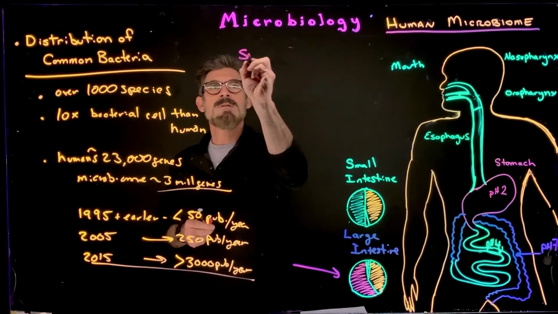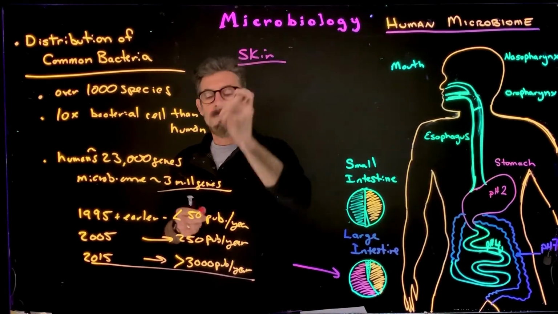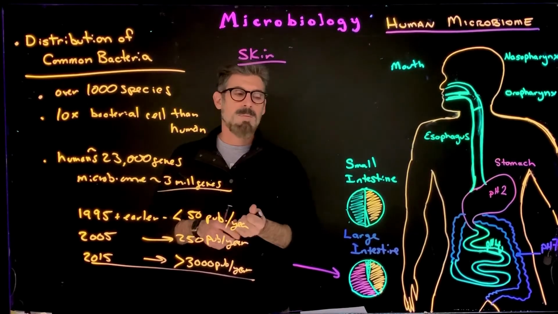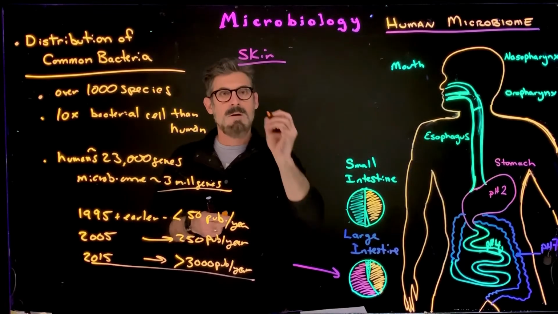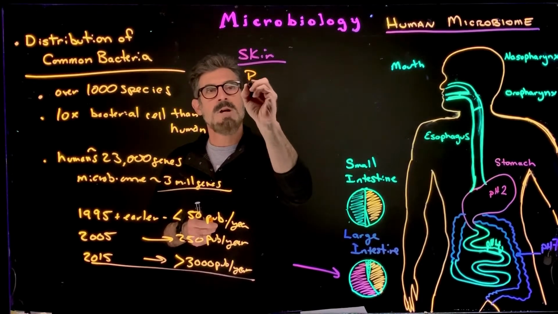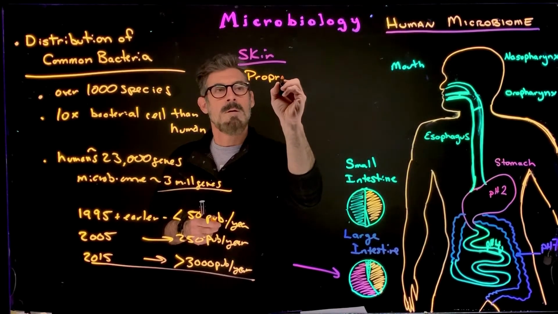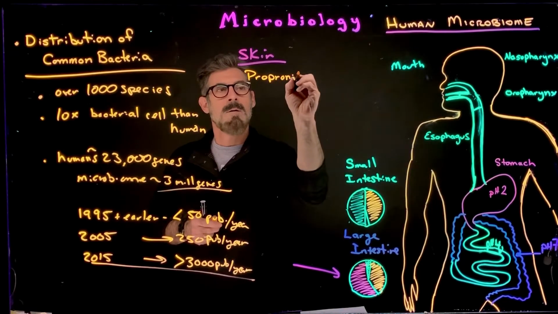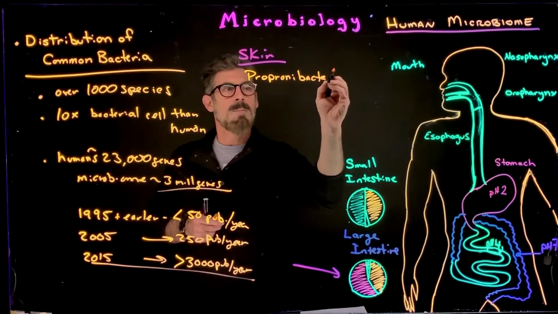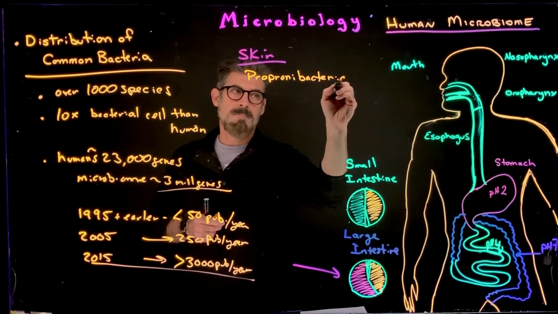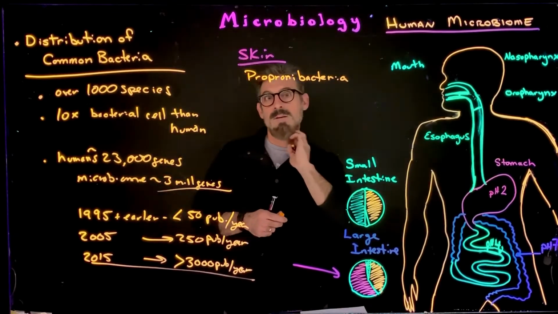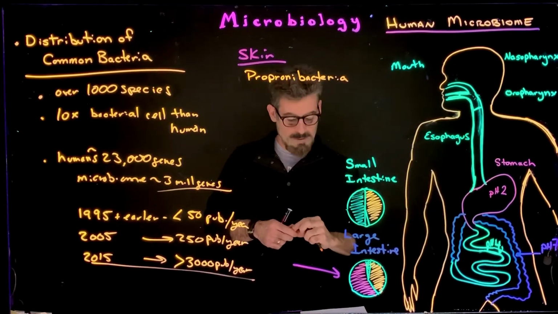Start off with the outside, with your skin. There are three groups of organisms that are the most common. Propionibacterium is often found on oily skin, but it's found on other types of skin too, including moist skin.